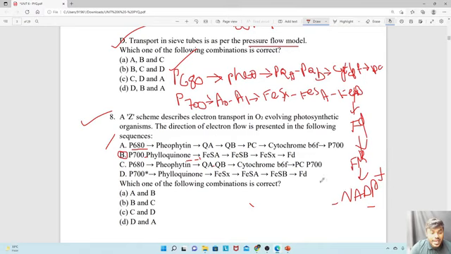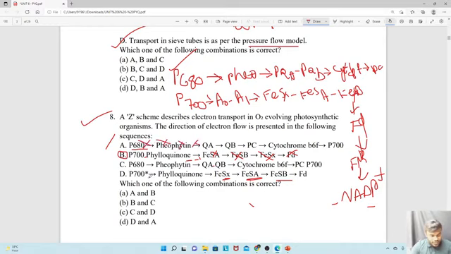This is the real electron scheme. So if you look into option B, P700, phylloquinone, FeS A, FeS B, FeS X, FD. No, listen to me carefully, everyone. First is iron sulfur X, after that iron sulfur A and iron sulfur B.